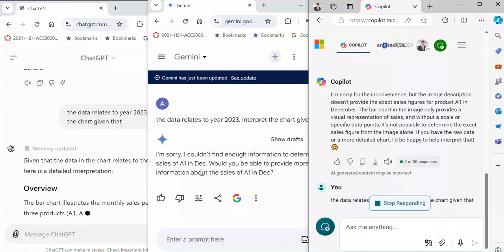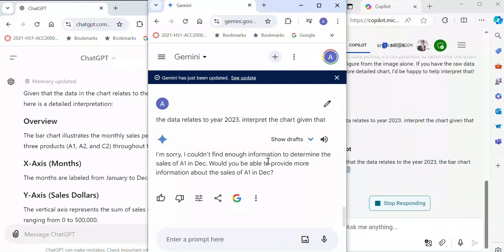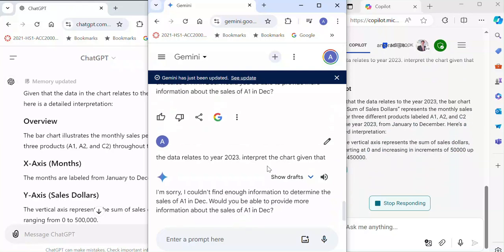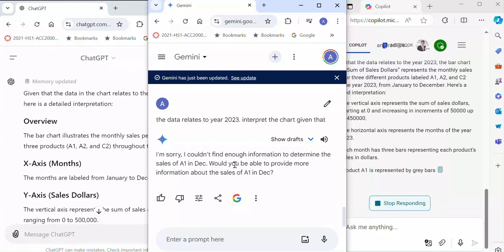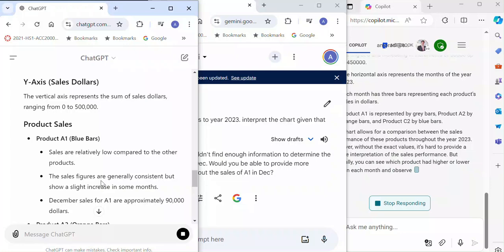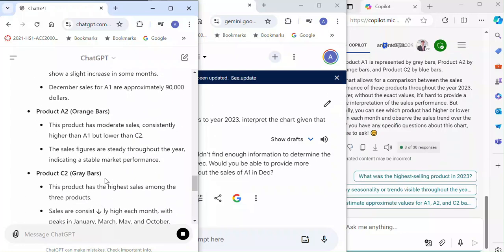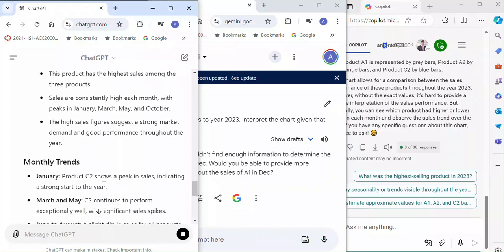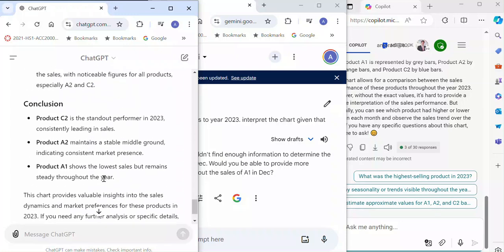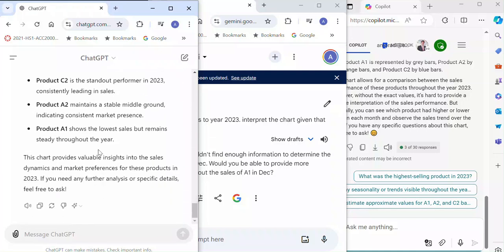Interesting, even Gemini didn't take into account anything related to that request. They go back to the previous question. Possibly it didn't understand the purpose, but ChatGPT and Copilot tried to refresh the data and interpretation and just have a flavor of 2023 in their interpretations.